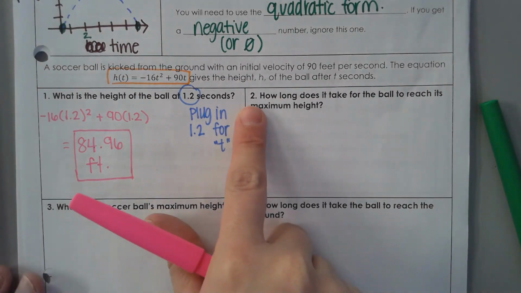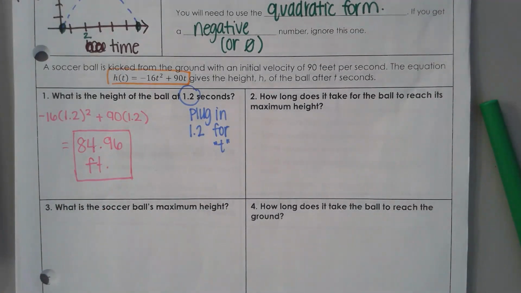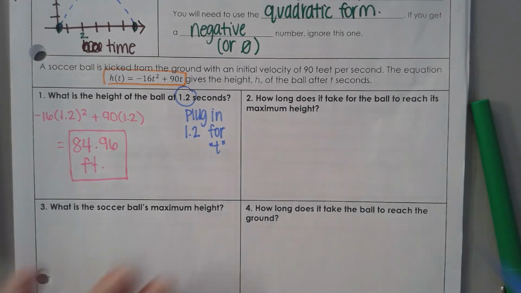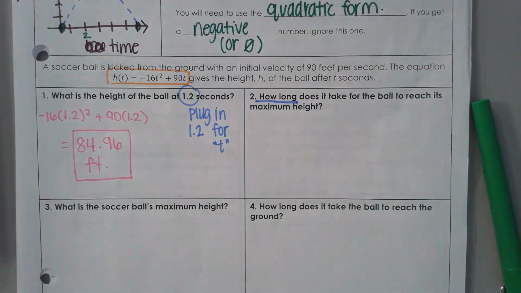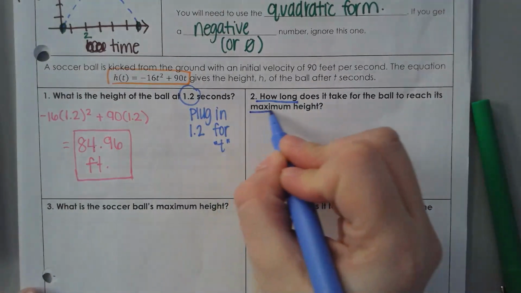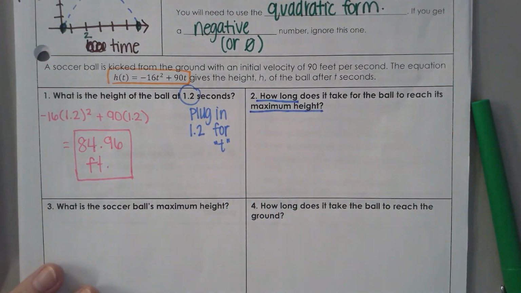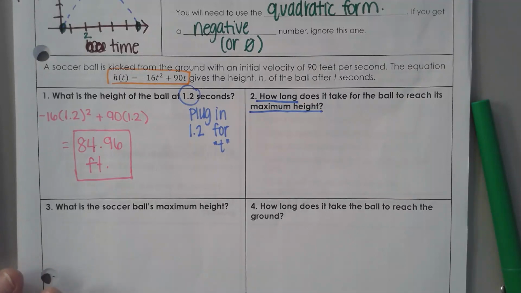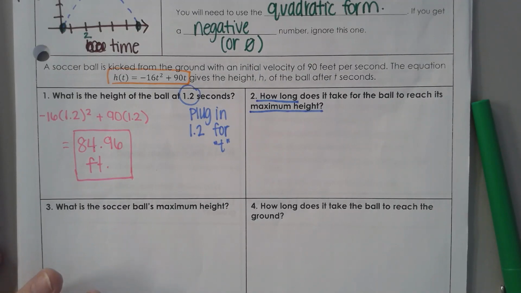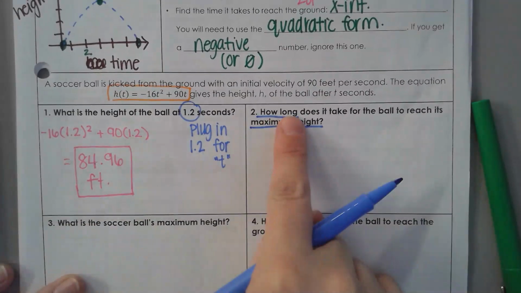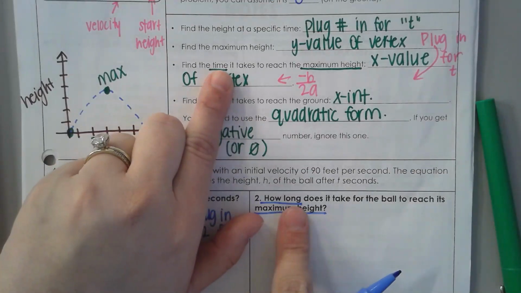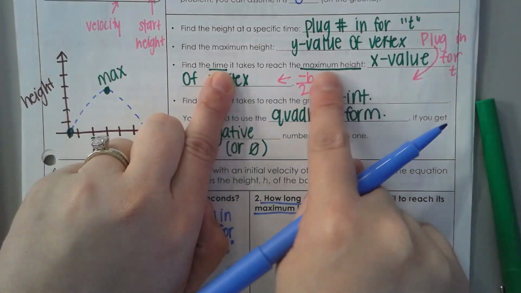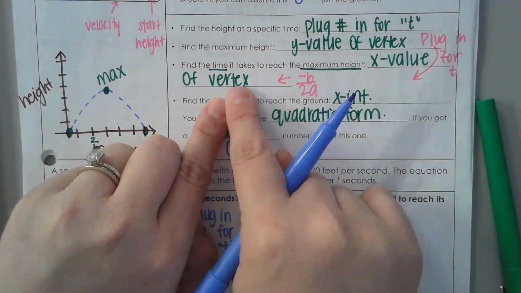Question 2 says, how long, so we're talking about a time, number of seconds, does it take to reach the maximum height? So what am I finding on this one? Specifically the x or the y? How long is talking about the time. The time to reach the maximum height is the x value of the vertex.